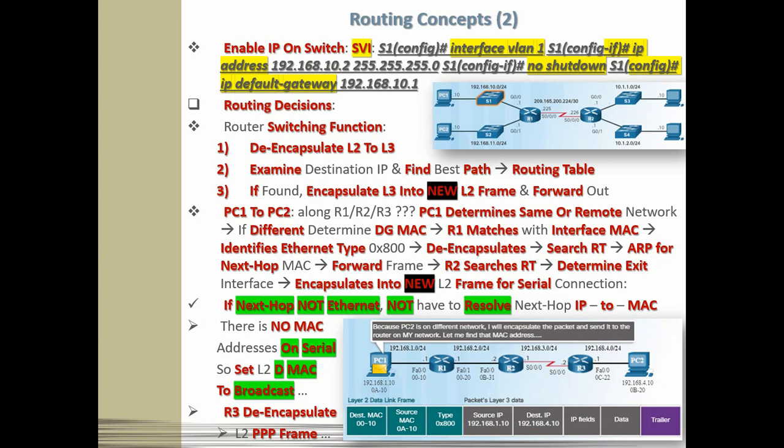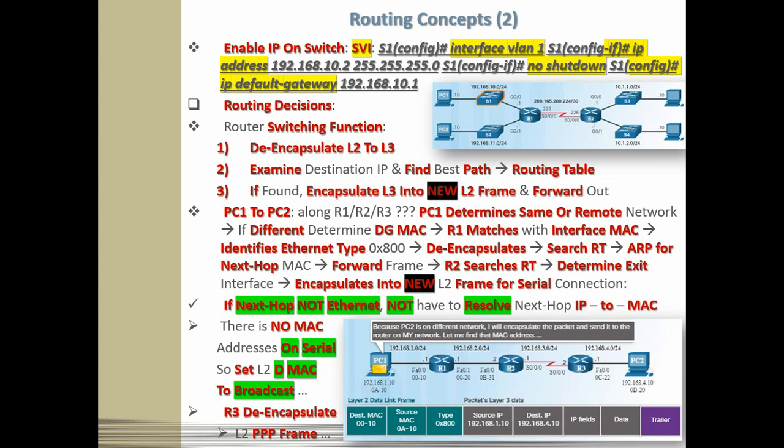So R1 has received the Ethernet frame from PC1, and the route that R1 finds to the 192.168.4.0/24 network has a next hop address of 192.168.2.2, and therefore the exit interface is FastEthernet 0/1 on R1.